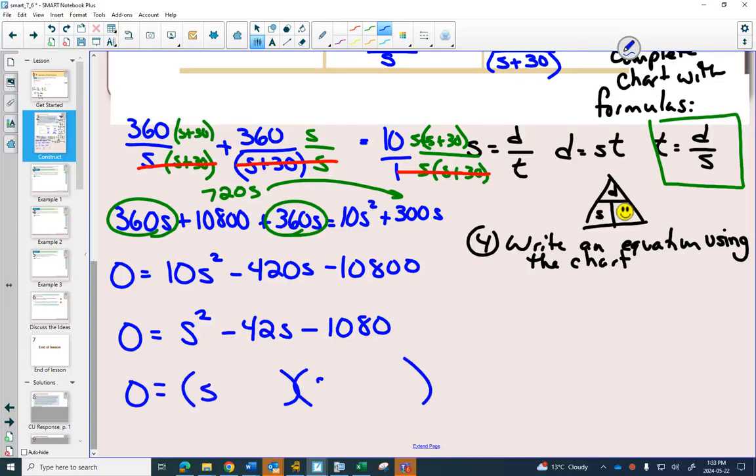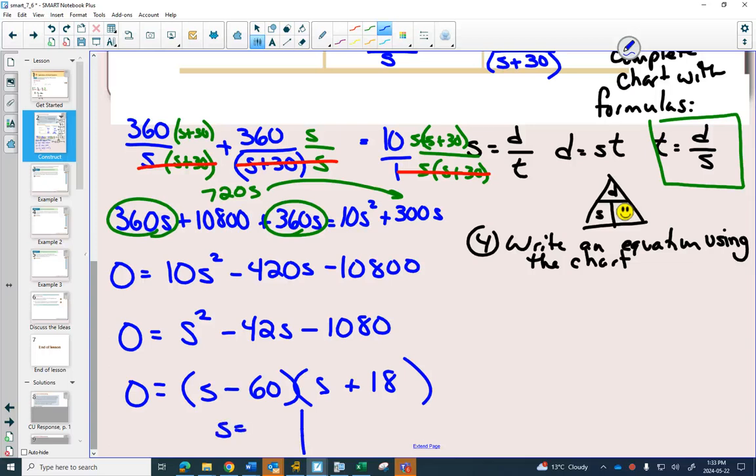Again, I would not expect you to be able to look at 1,080 and think, oh, I think it's 60 times 18. And then that works out with my 42. But quadratic formula is just something you could plug things in and solve, would be fairly straightforward.